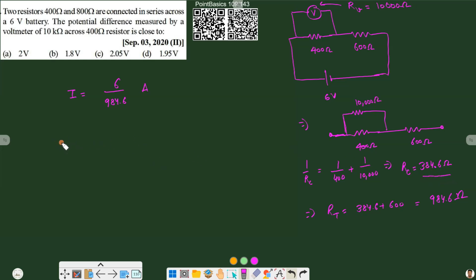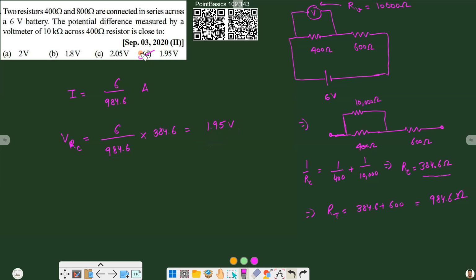So the voltage across their parallel combination, RC, will be current times resistance of the parallel combination, 6 by 984.6 multiplied by 384.6, and on solving this gives us 1.95 volt. That is option D.